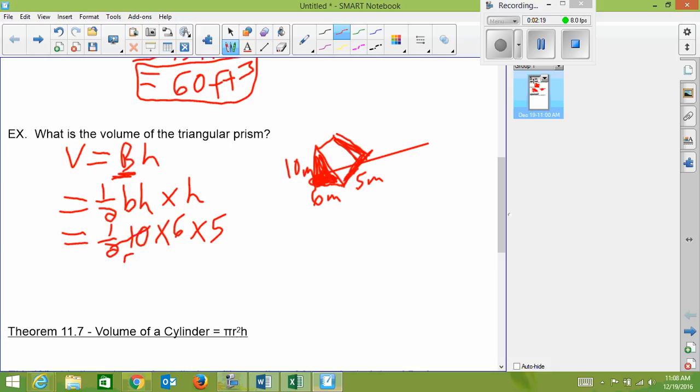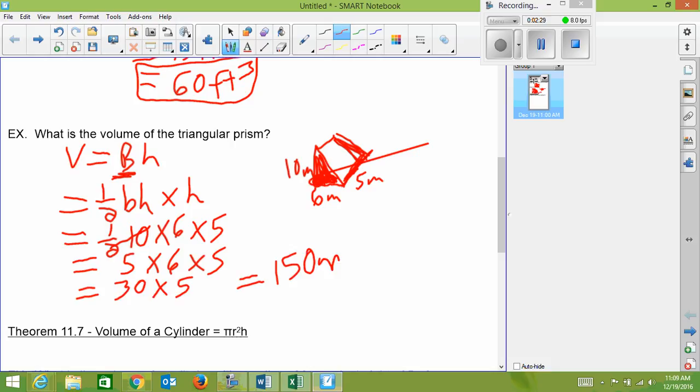So 1/2 of 10 is 5. 5 times 6 is 30, and 30 times 5 is 150 cubic meters for that whole triangular prism's volume. Just keep in mind that the big B can change, and that'll be the key to this formula.